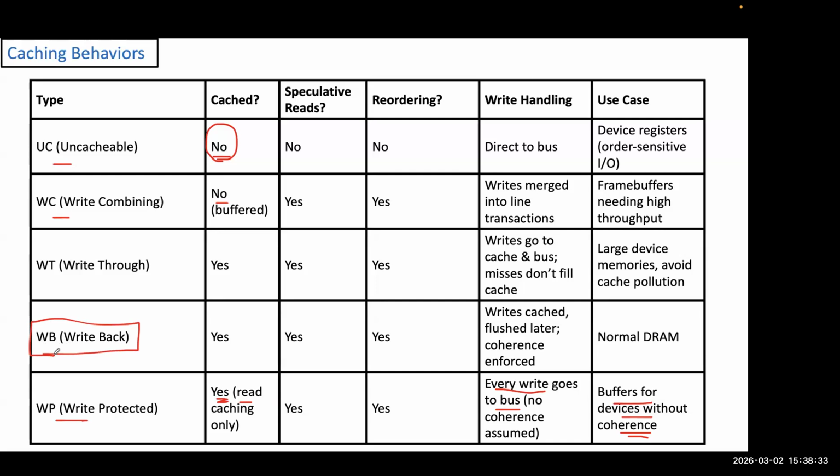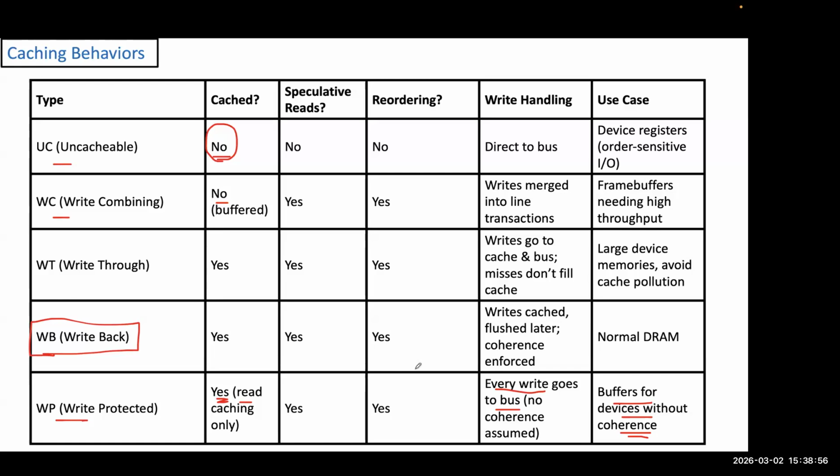But the memory mapped devices do not follow that memory abstraction, or do not follow the behavior of a passive memory. So that's why we need other caching behaviors which are more suitable for the memory devices, depending upon the use case, right?